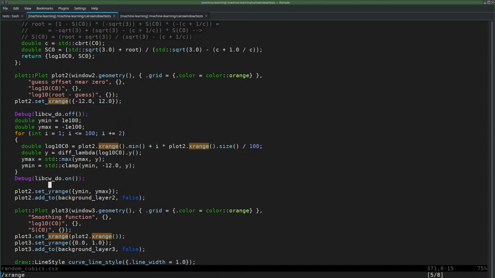It's the same as the plot 2x range. Yeah, what? -12? Oh yeah, okay. I had it very big. Let's do this.